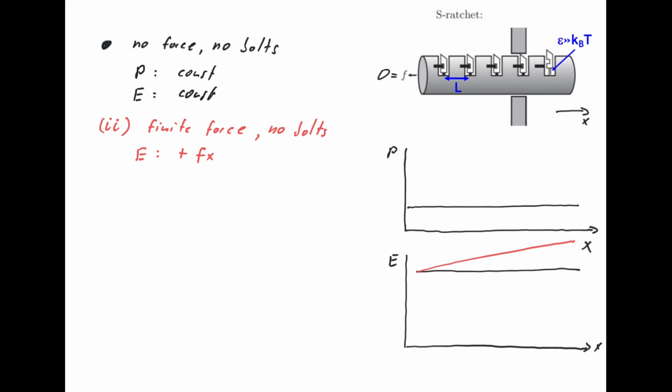Well, then we know that the probability of the position will change. Now what we just assume here is it changes in a Boltzmann-like way. That means the probability distribution will be peaked at 0, so at the last position, and will be proportional to e to the minus f times x divided by kBT.